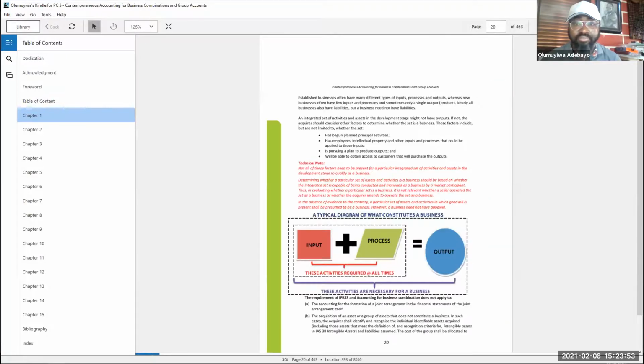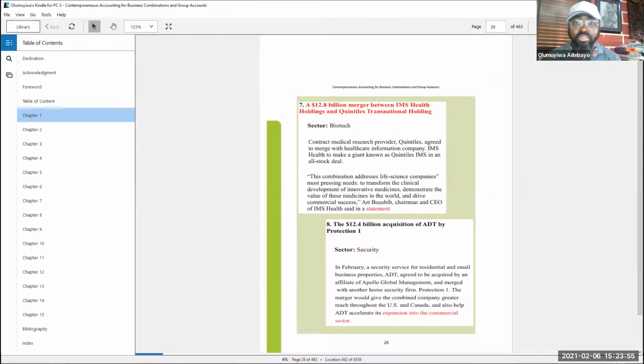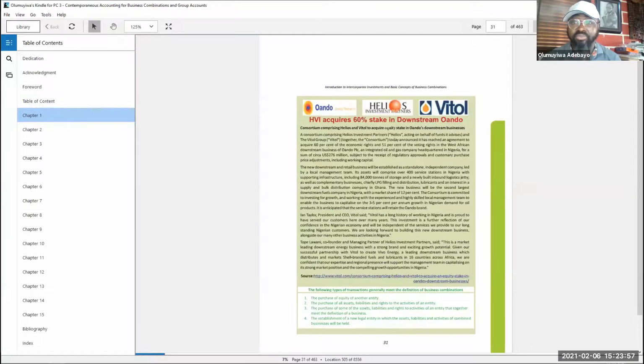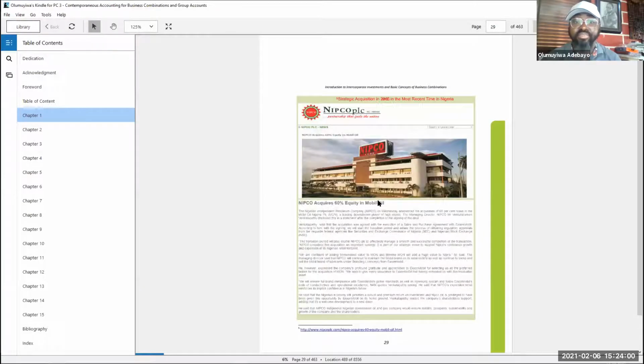You can read that here. An example of a Nigerian one is this: when NIPCO acquired a stake in Mobil Nigeria PLC, today Mobil still runs separately and NIPCO runs separately. But NIPCO controls the affairs of Mobil Nigeria PLC because it owns a majority stake, or what I will call a controlling interest, in the latter.